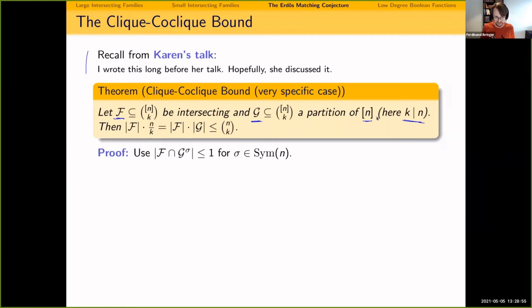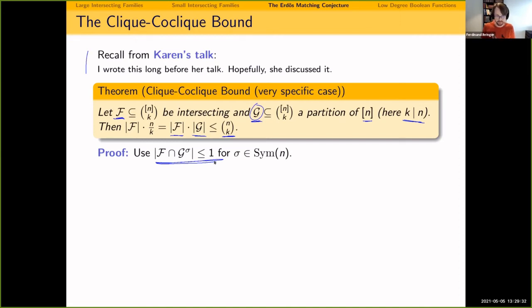And then what you can show is that the cardinality of F times the cardinality of G is at most the number of k-sets you have. And that you can show by using a simple double counting argument when you know that such an F and that G can intersect in at most one, it can have at least one member in common. Otherwise, we have two disjoint sets in F.